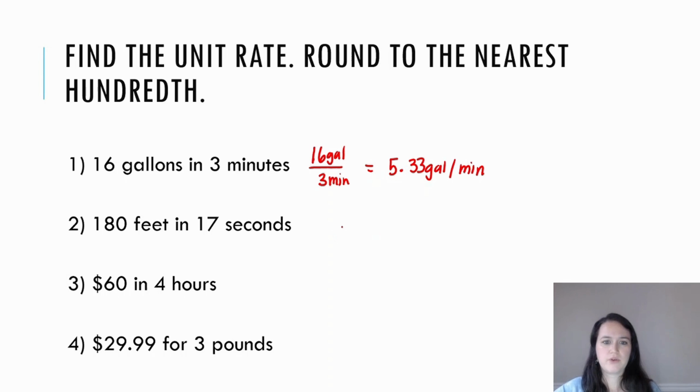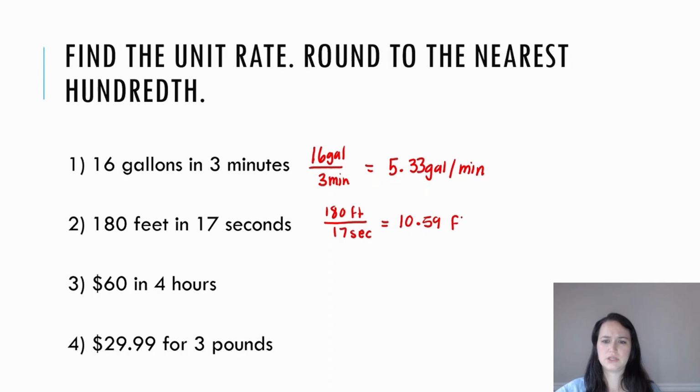Let's see, we've got 180 feet in 17 seconds. You might not see per, you might see in or for, it just depends. So 180 divided by 17 is 10.59 because that's rounded.